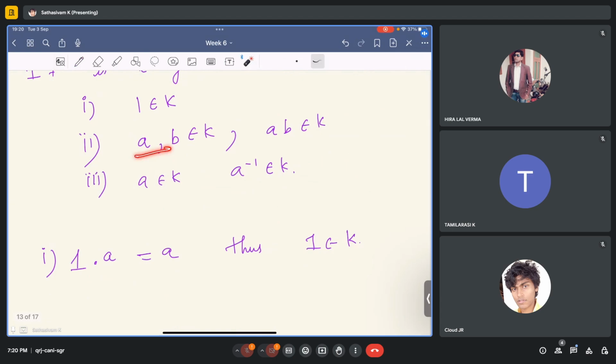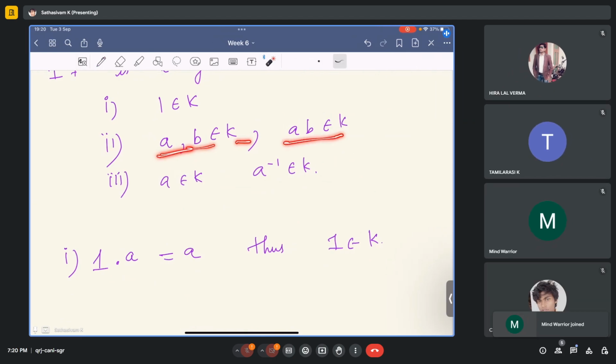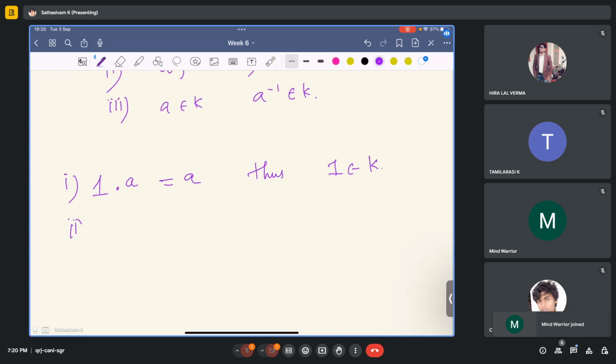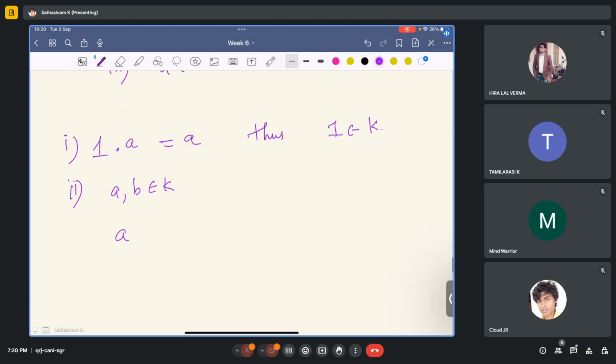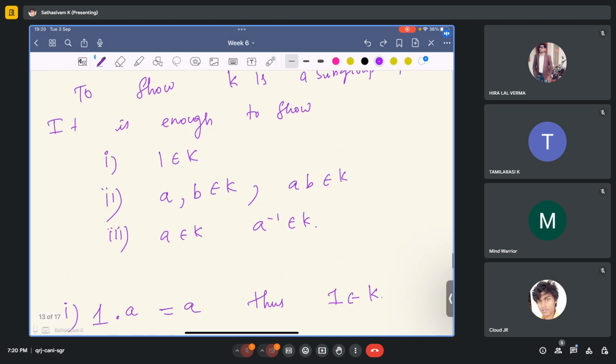Okay, so let's take two elements in K. We want to prove that the product is in K. So let's take A comma B belongs to K. Now I want to say AB belongs to K, right? Okay, we'll change the symbol here.